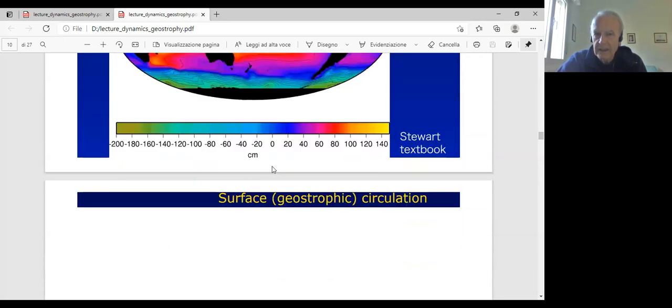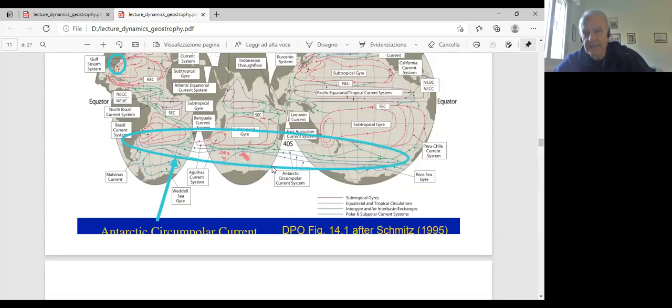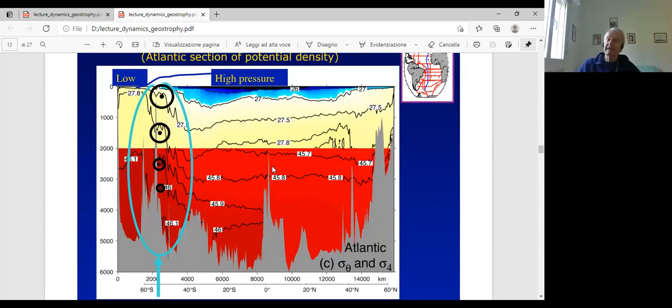Again, this tells us how good the geostrophic approximation is in the world ocean, and not only in the ocean but in the atmosphere as well. I always have to remind you that the whole meteorological analysis has been based on the simple geostrophic assumption.